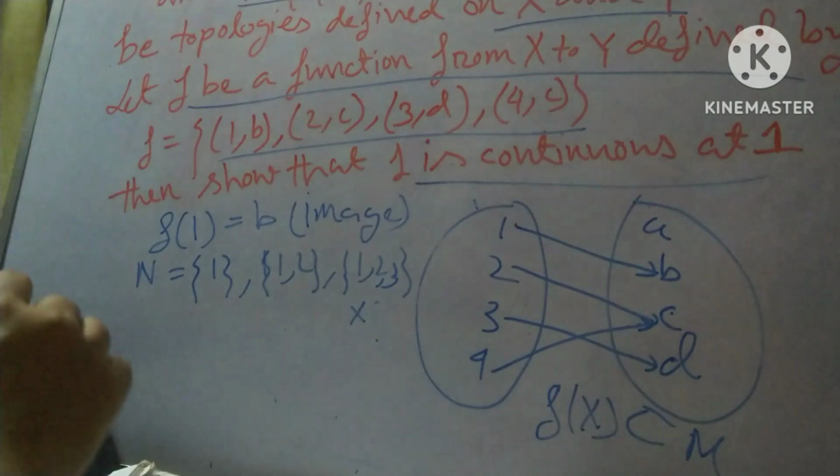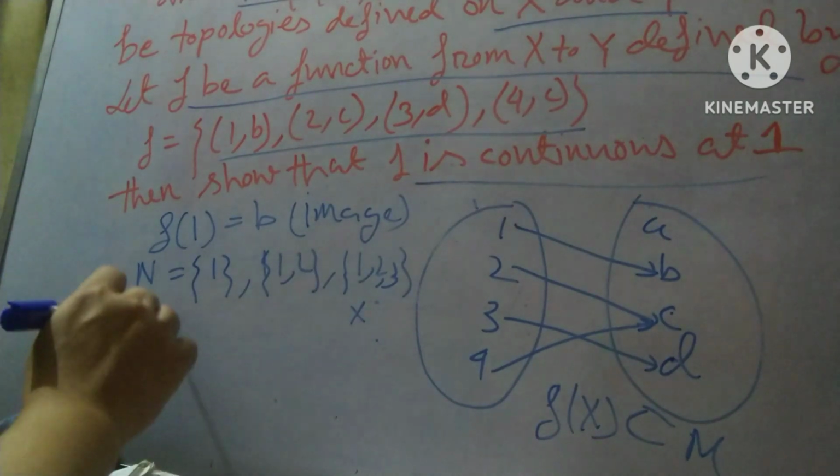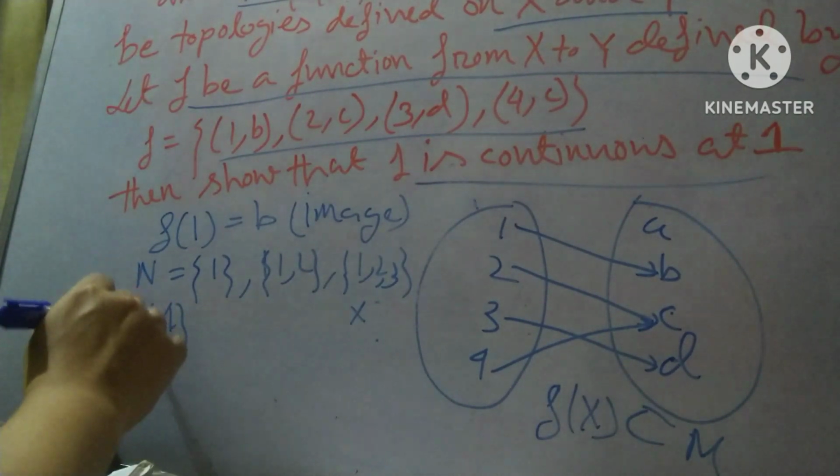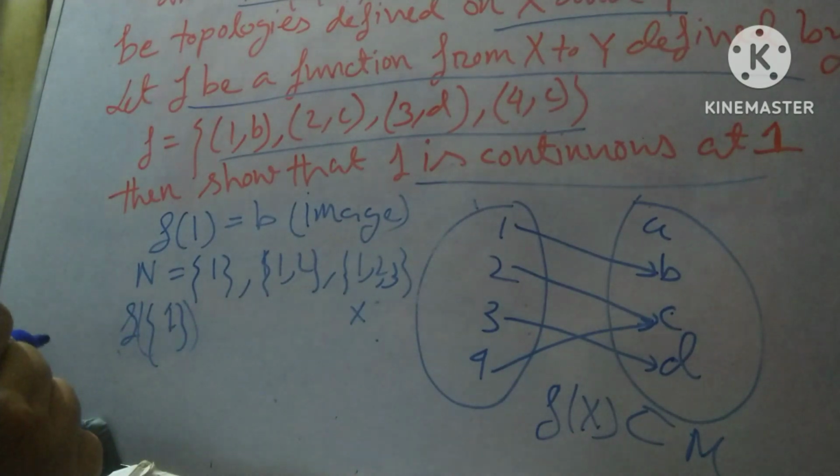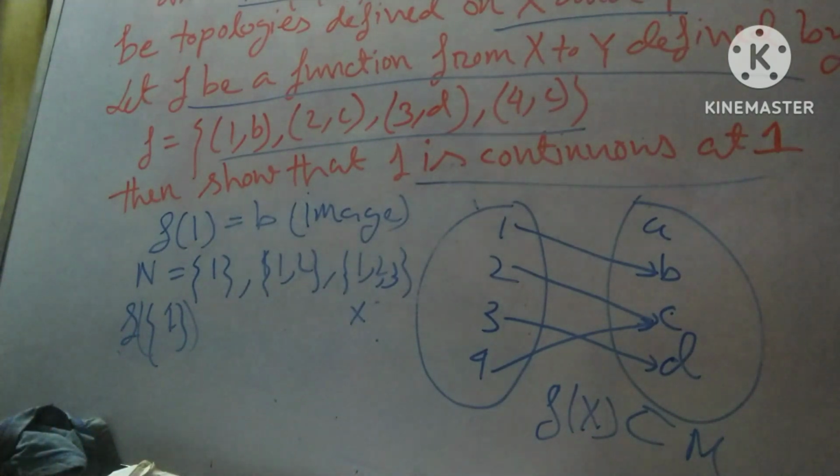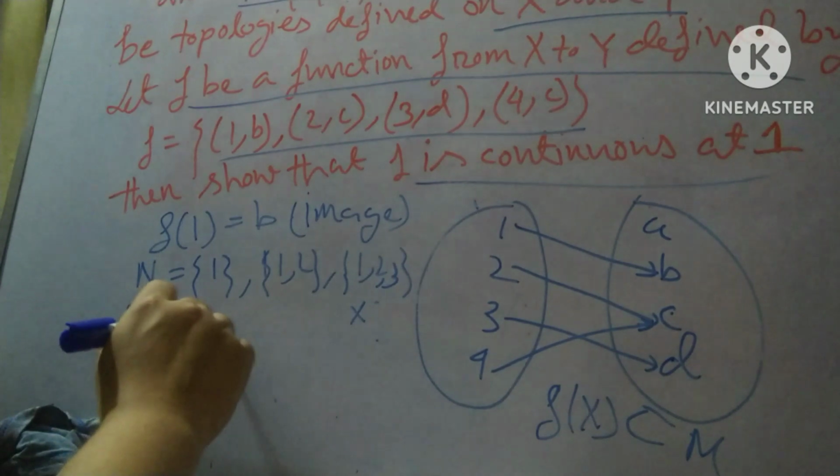There are 4 NBDs. So what is the value of f(1)? f(1) is obviously b.